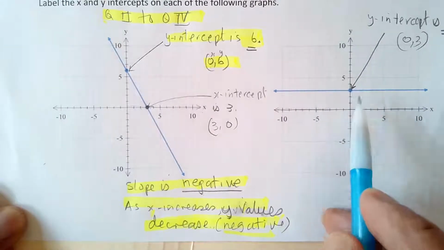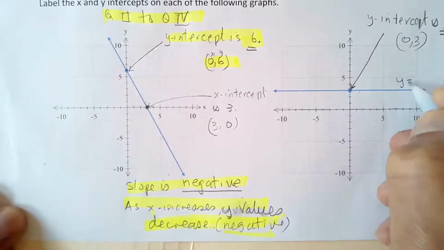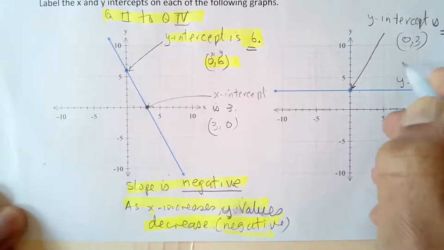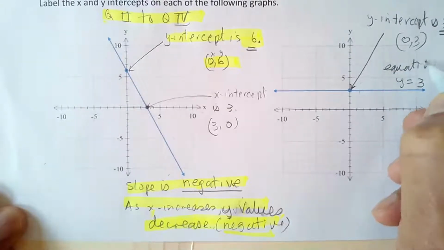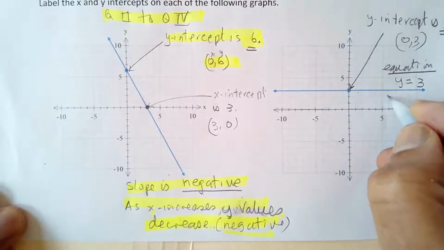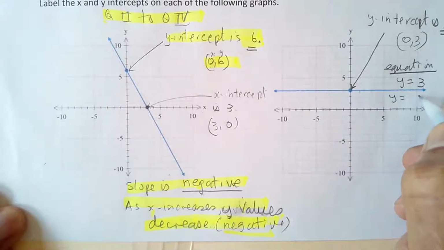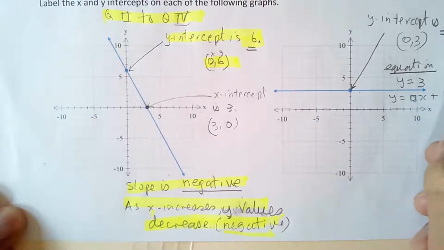In this case, the equation is y equals 3. So that's the equation, because the slope is 0. Generally, we write it like this: y equals something x plus your y-intercept.